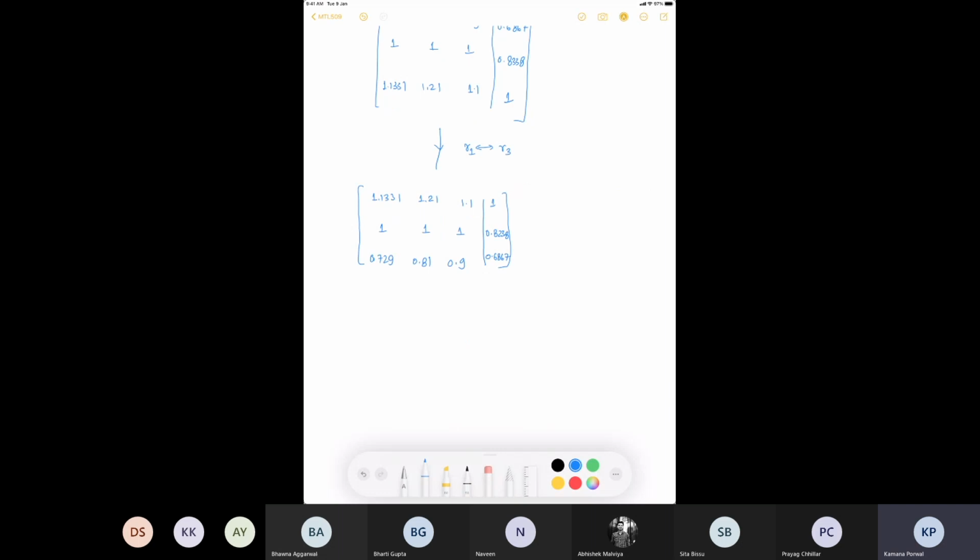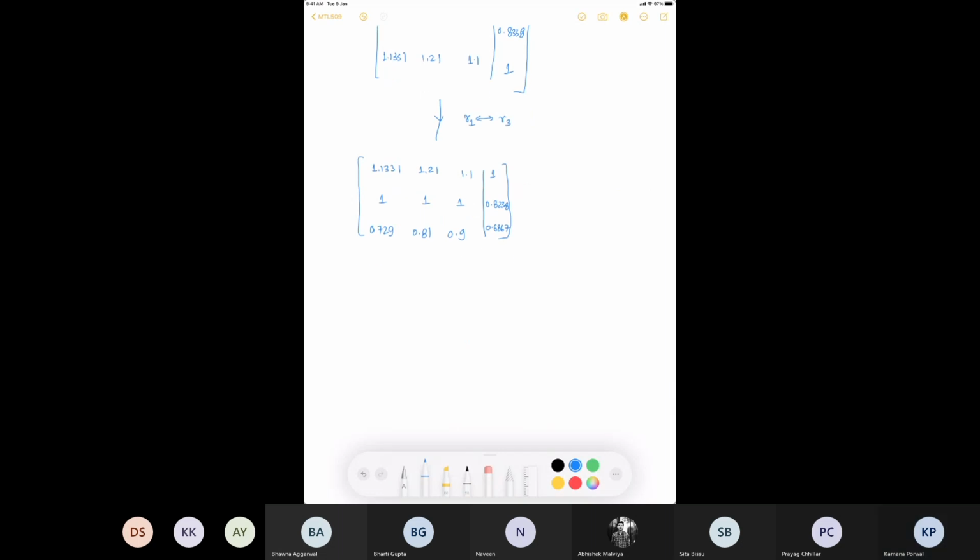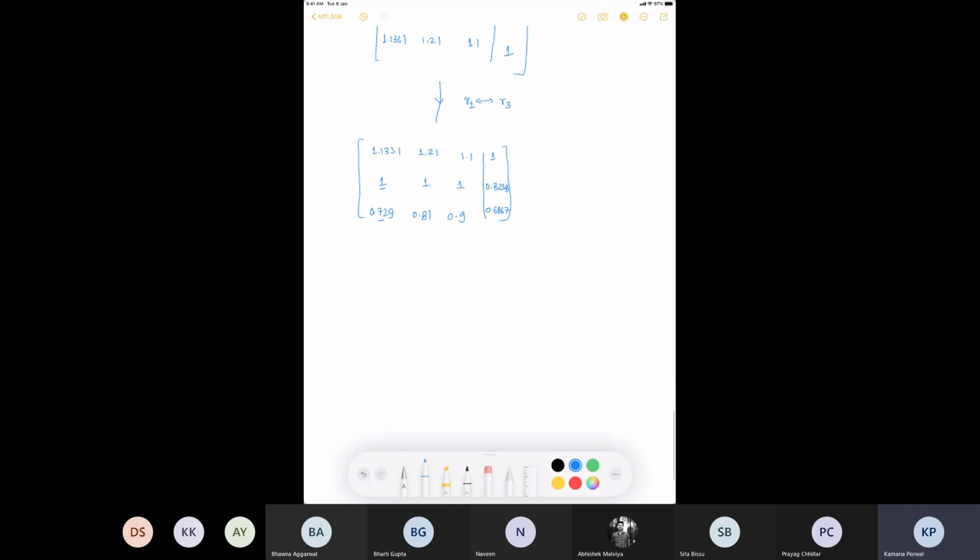Now I want to eliminate the coefficient of x1 from the second and third equations. I'll make zeros here by using the multipliers M21 and M31.